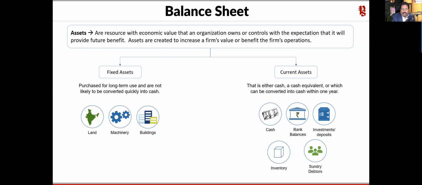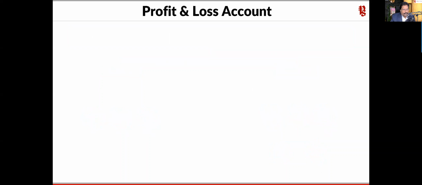And in this session, we will discuss the next financial statement, that is the profit and loss account, right? So in the earlier session we had discussed the difference between these two financial statements, right?